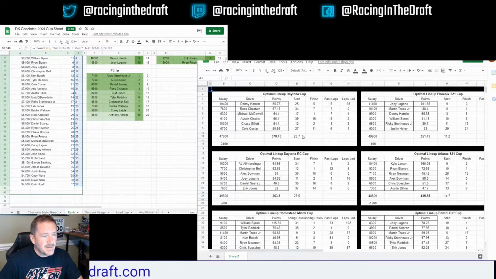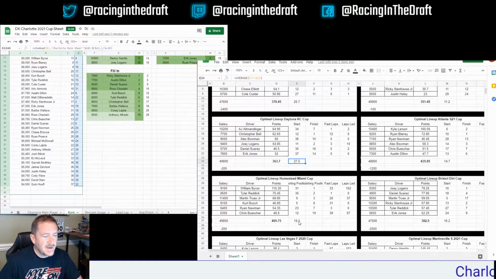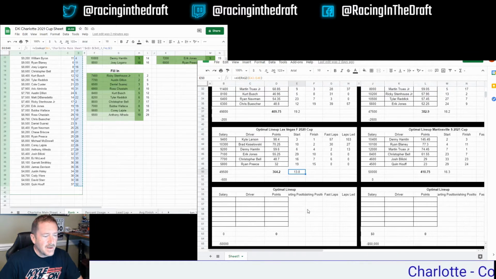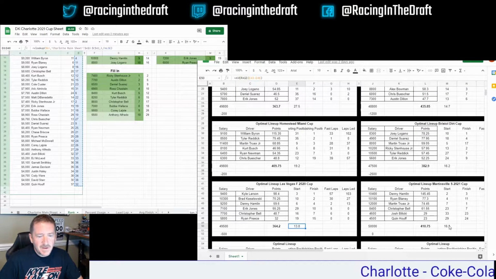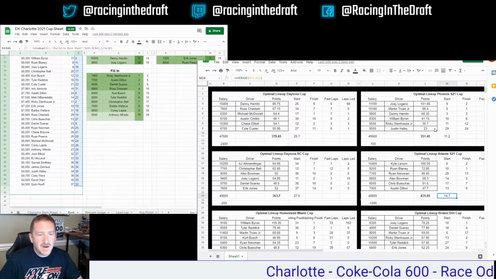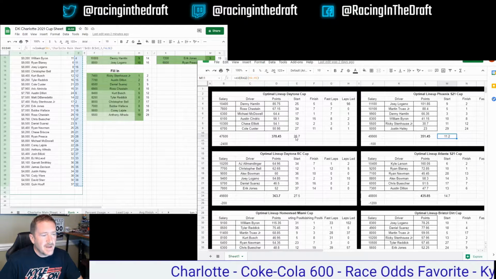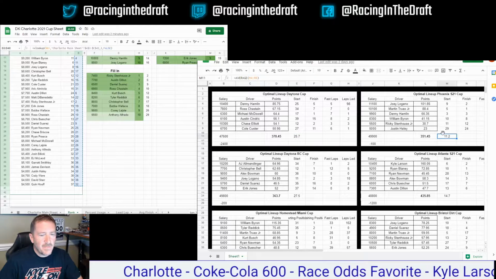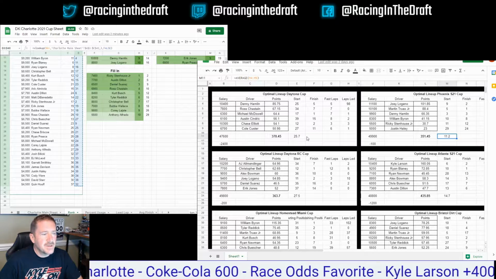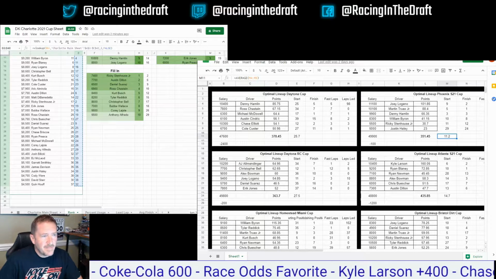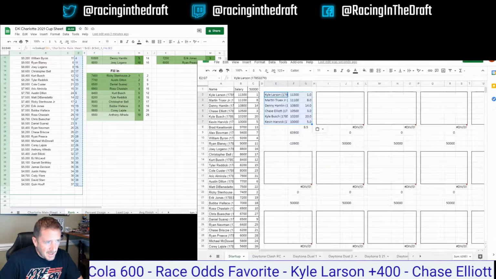In my optimal lineups here, I can see at Daytona a 25.7 starting average finish, then 27.5, 19.2, 13.8, 16.3, 16.2, 14.7, depending on the track, how many laps they're running, how many dominators I think they're going to have, and those types of things. The starting average position ends up being something I pay very close attention to.